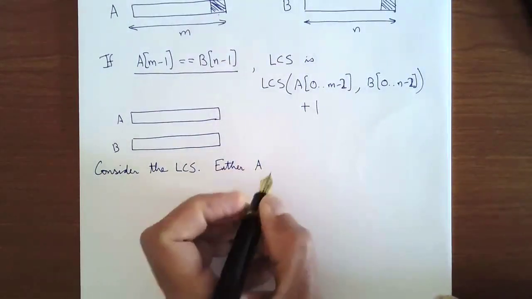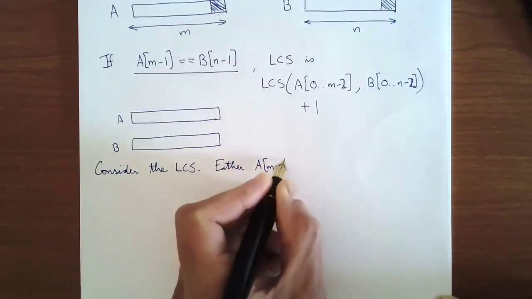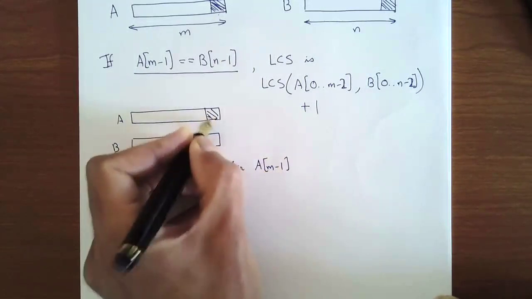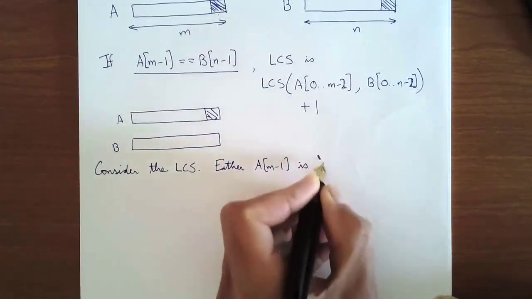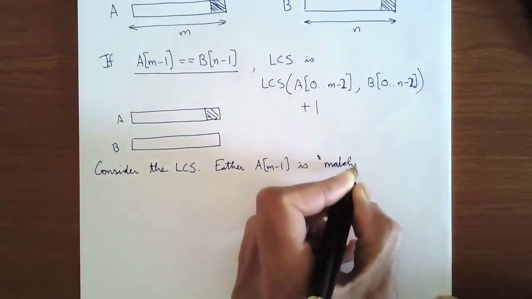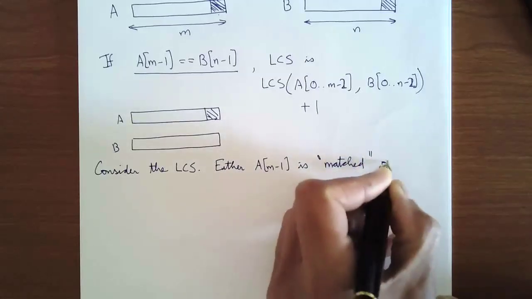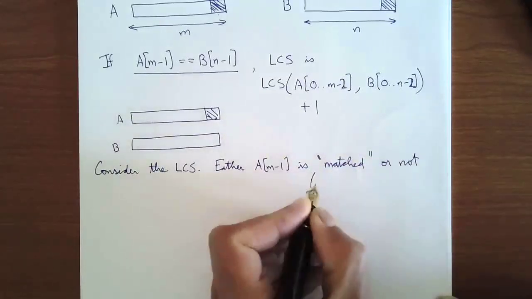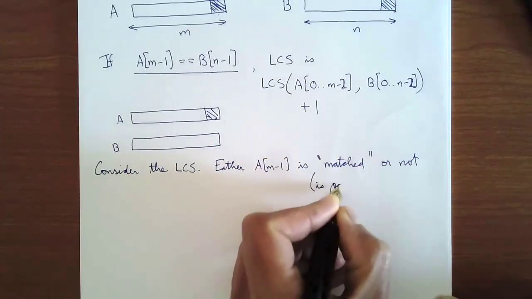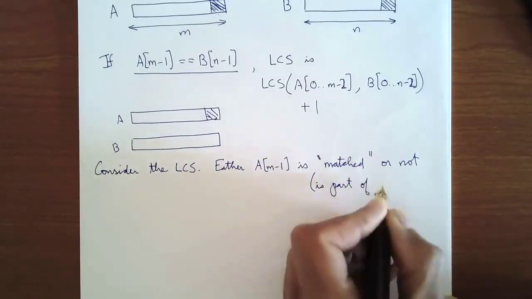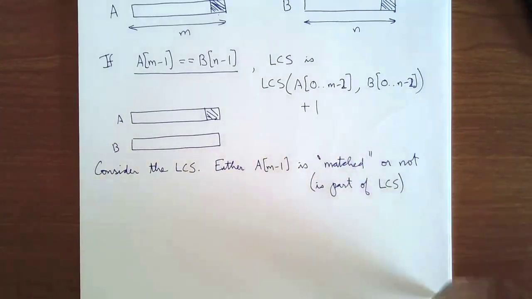So either A m minus 1, which is this last character, is matched or not. So what do I mean by matched? I mean is part of the LCS. Okay? So either this is matched or not.